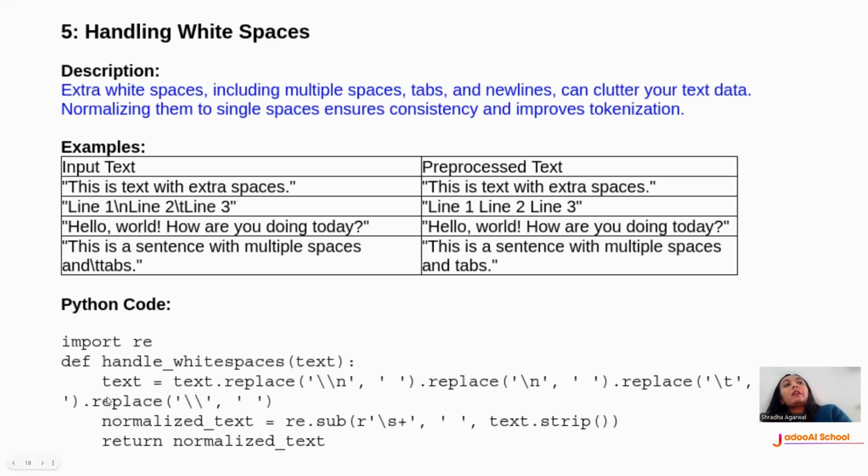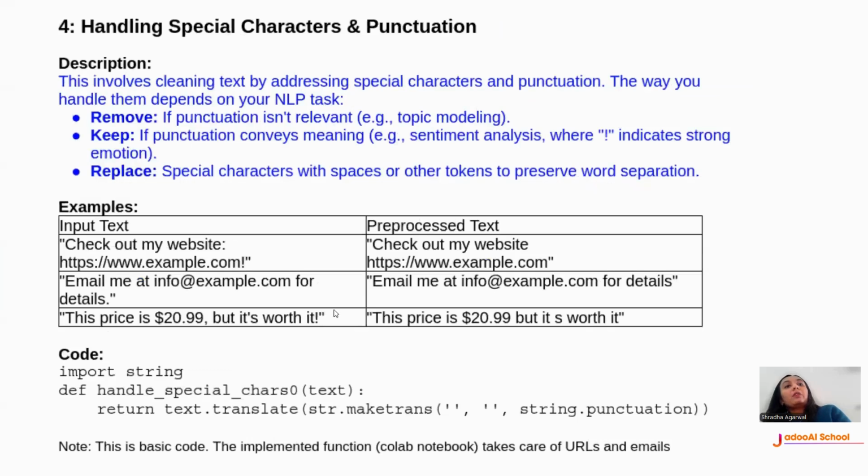Okay. Now, this one was the same thing, handling white spaces. You don't want white spaces like here, and it becomes cleaner like this. Now, you see here, $20 extra, comma, you don't want punctuation, you want to get rid of it. There's an exclamation mark you want to get rid of, right? This is a string, so you don't get rid of these quotation marks because they just tell you they're strings.